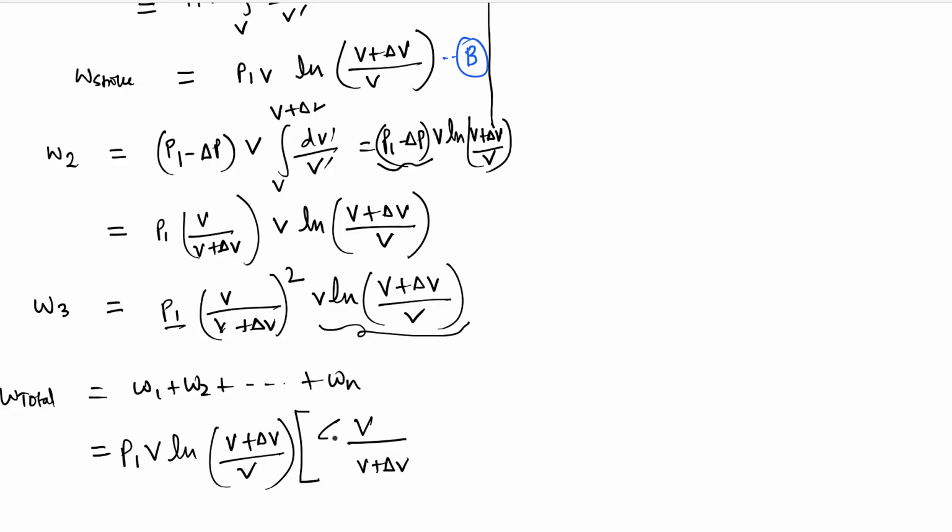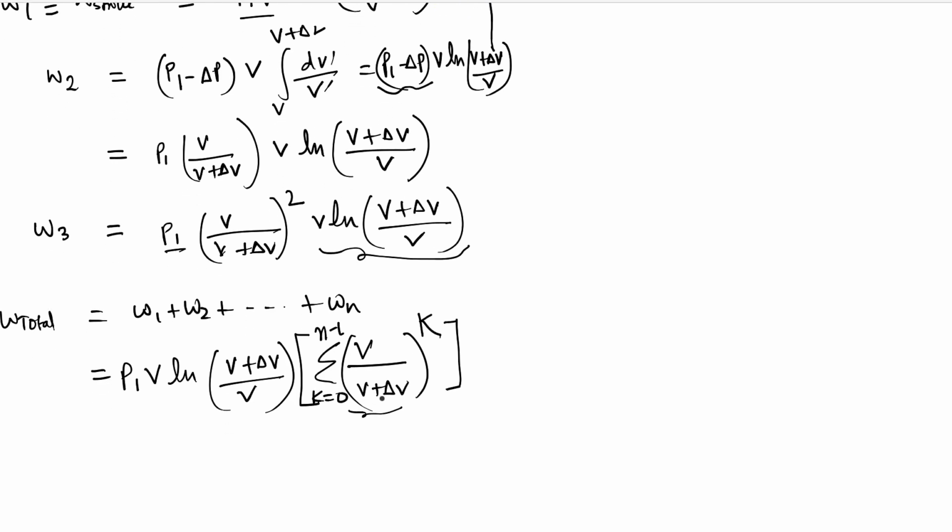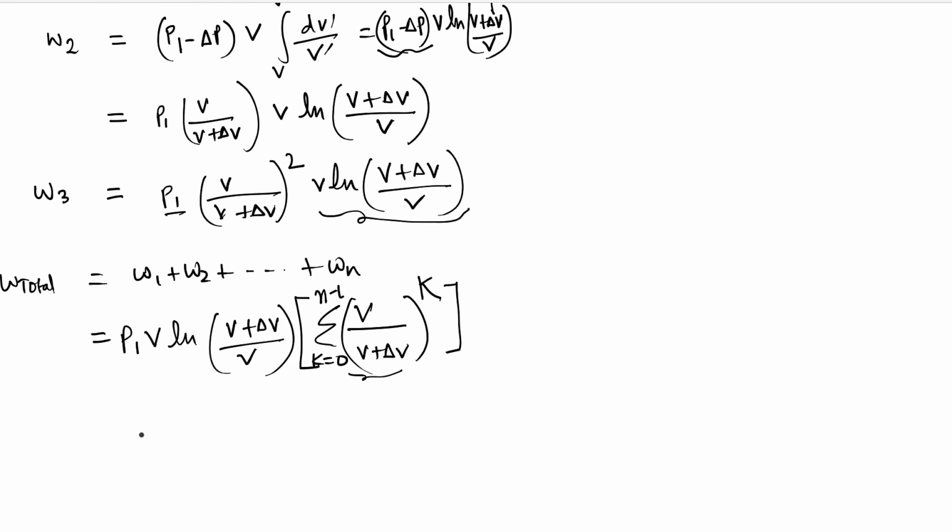Okay. And if you sum this whole thing, let's say k equal to 0 to n minus 1. So you see why n minus 1? Because in the first case, this factor is not there. It appears from the second, and then it will go until the nth stroke. So it is n minus 1.